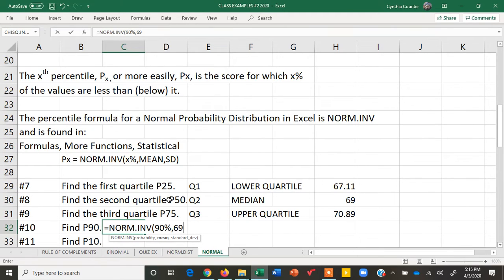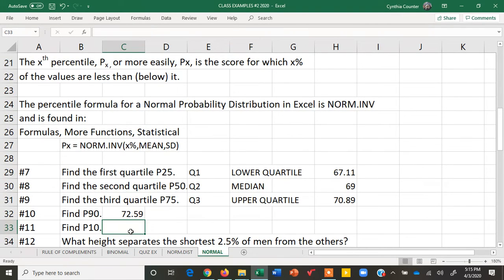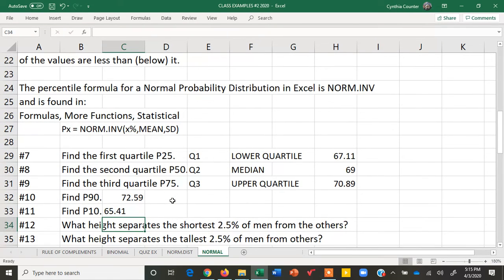Just wanted to show you that. We still have the same mean and standard deviation we've been using, and there we get 72.59 inches. And if we want to find the 10th percentile, like I showed you with the 90th, you could enter 10% instead of the decimal, actually put the percent symbol. Mean of 69, standard deviation of 2.8, and here we have a height of 65.41 inches.